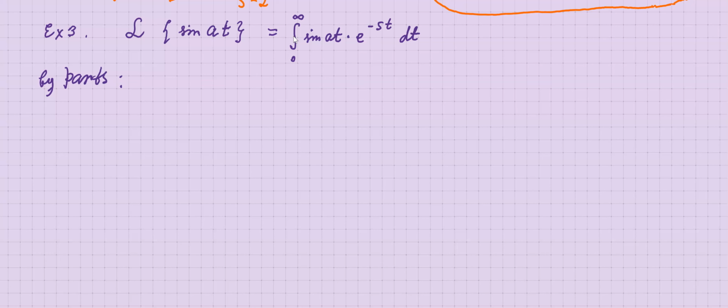I will start it and then just do it fast, without comments. By parts means that I'm going to think that this is the derivative, this is a function, so I'm going to write down equals e to the minus st divided by negative s.